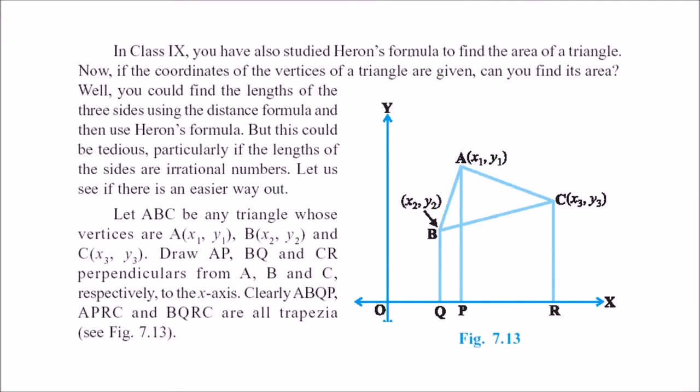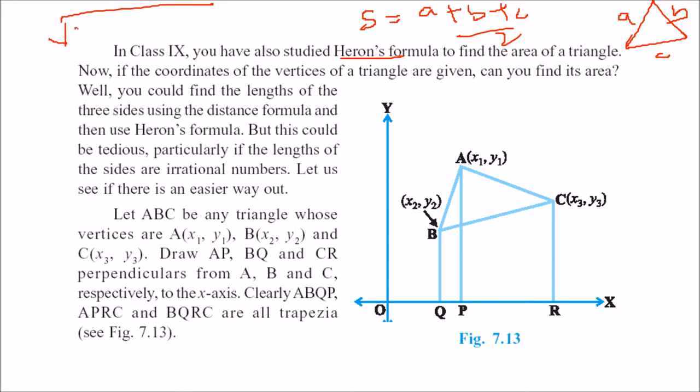We have also seen Heron's formula, that is, if the sides of the triangle are given as a, b, c, then we can find s as (a plus b plus c) by 2, that is, 2s will be equal to a plus b plus c. And the area can be easily computed using s minus a, s minus b, and s minus c. So this is how we get the area of a triangle.